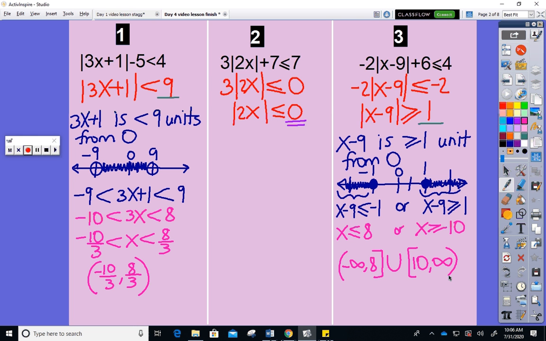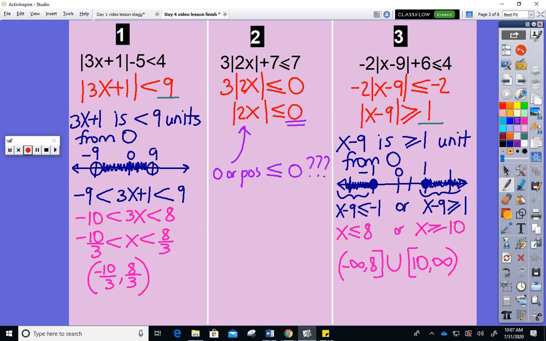Now, what about this oddball one? If it says less than or equal to 0, well, what I want you to do is think about it. This side, anything in absolute value is always 0 or positive. Can a 0 or a positive number be less than or equal to 0? Can that happen? Okay. Well, a 0 could be equal to 0.